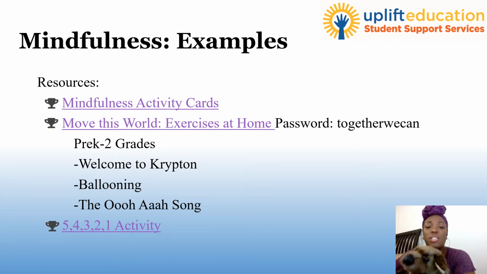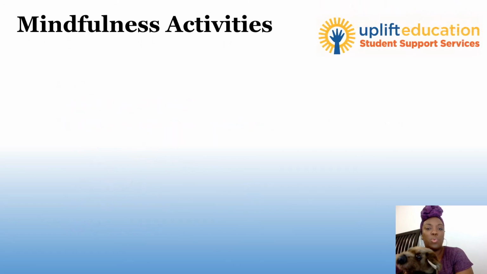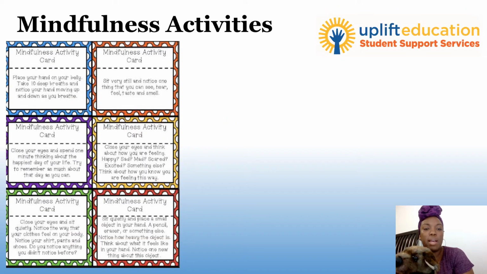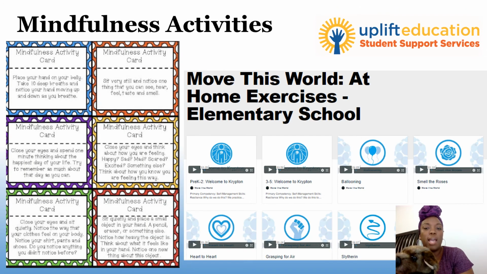And then the last one is a sensory activity called 54321. The first one is the mindfulness activity card. And then this is just a screenshot of the library of videos that can be done at home. Most of them are for pre-K to 2, but some of them do specify for 3 to 5. And if they have no grade level, that means it's also for pre-K to 2.